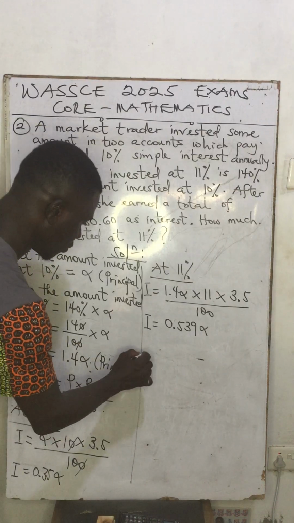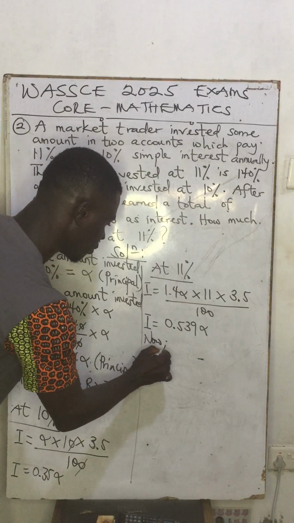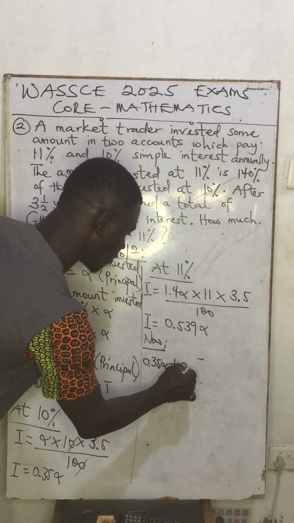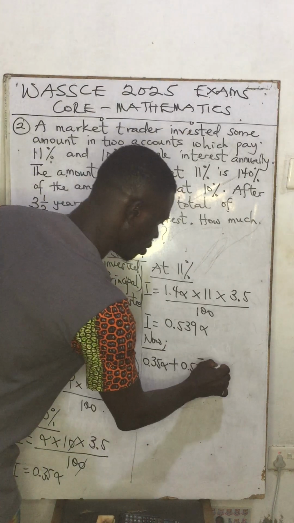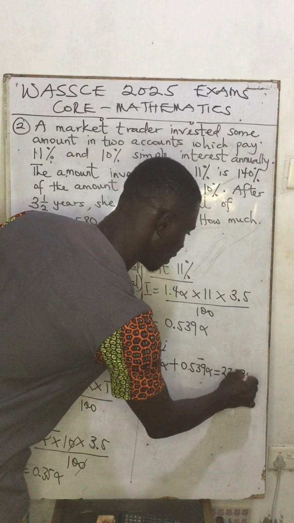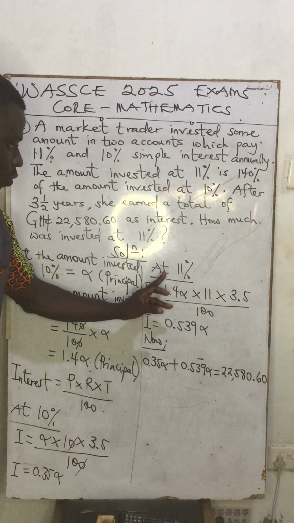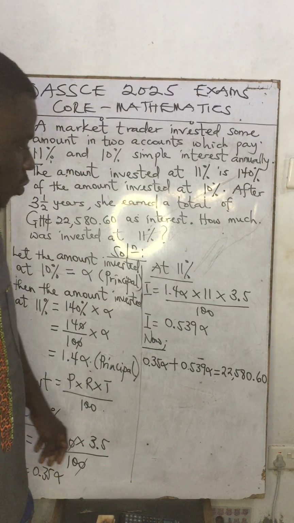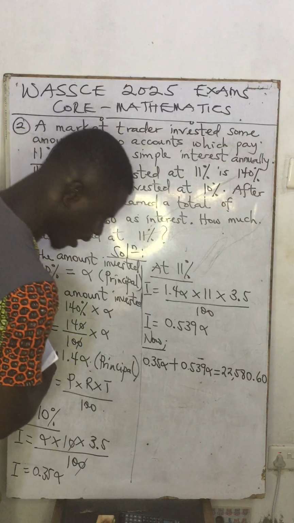So 0.35 alpha plus 0.539 alpha should be equal to 22,580.60.